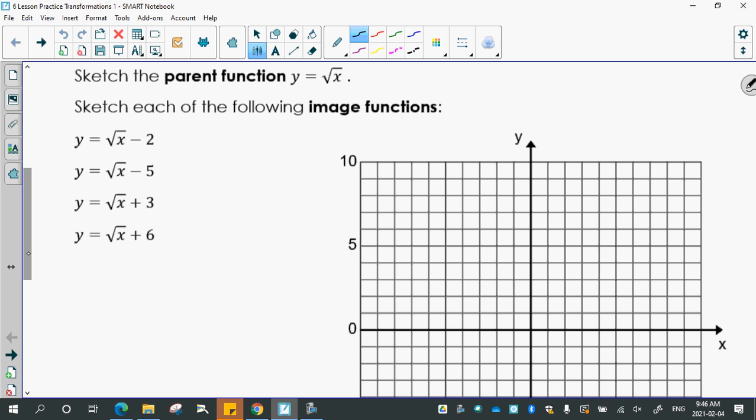So square root function has a starting point 0, 0, and it's a half parabola on its side. So it has that step pattern: over 1 up 1, over 3 up 1, over 5 up 1. So when you see square root, you're thinking the parent function is this.